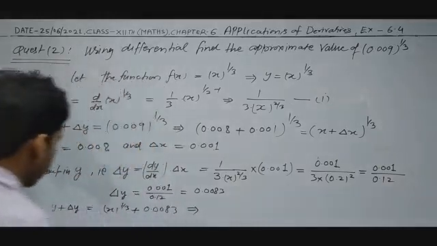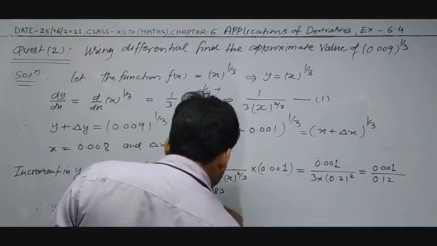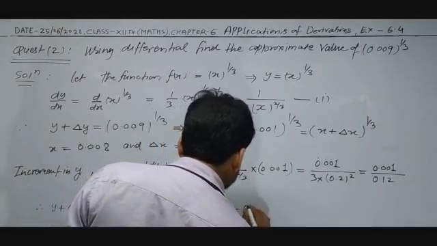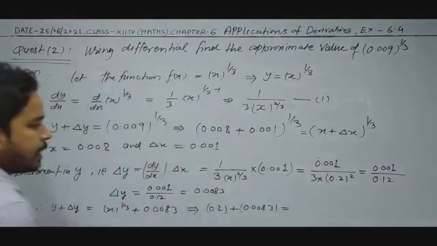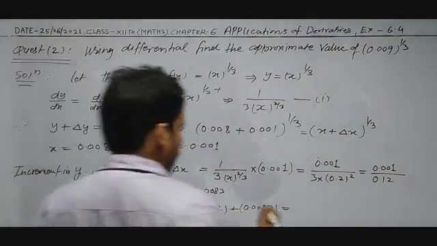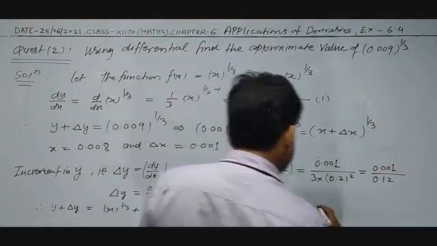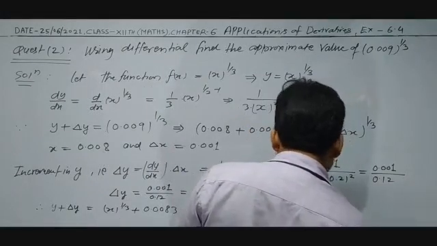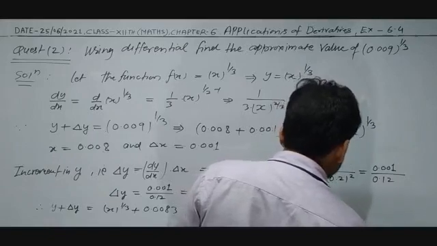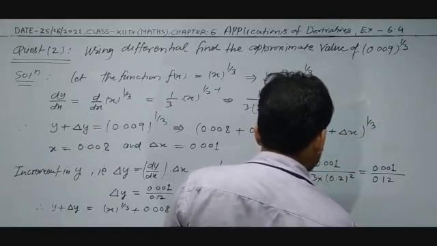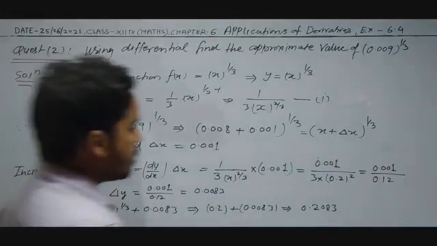The x value is 0.008 and its cube root is 0.2. So 0.2 plus 0.0083, when you add, the result is 0.2083. So 0.2083 is the answer.